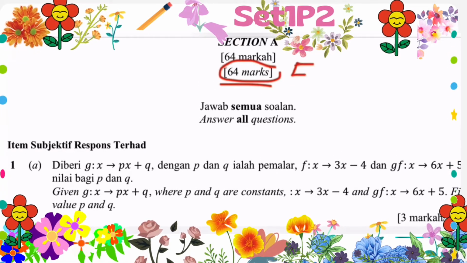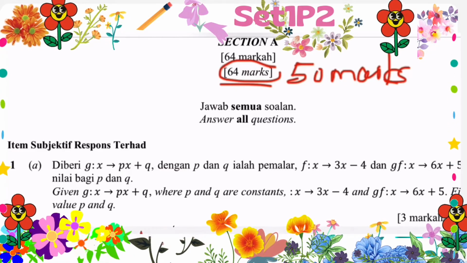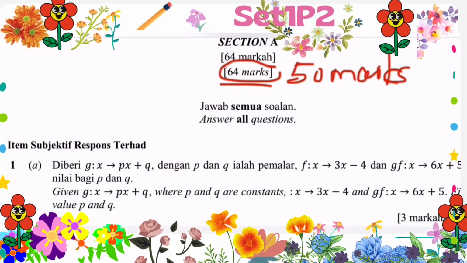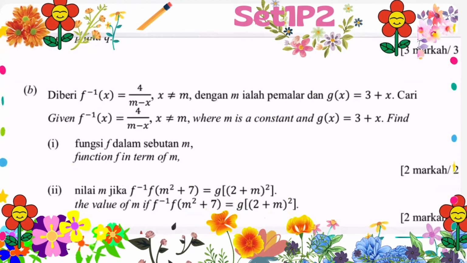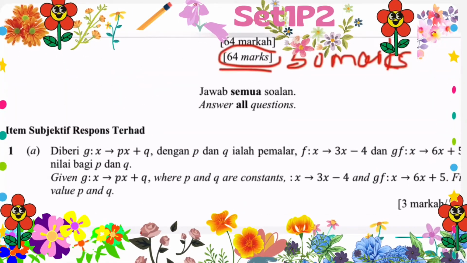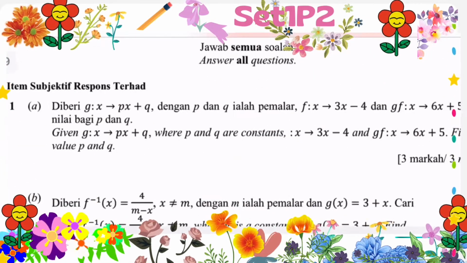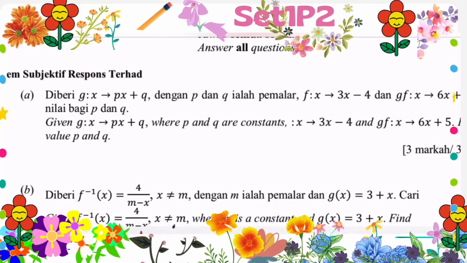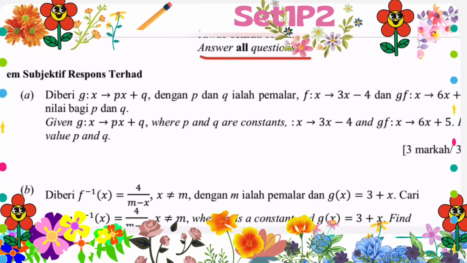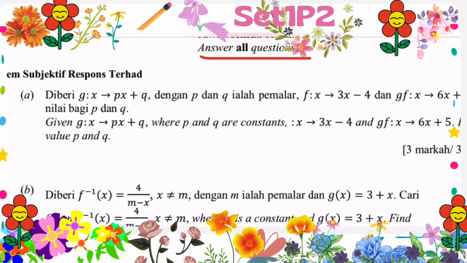Section A for paper 1 is 64 marks, but for paper 2 it is 50 marks. Now this is paper 2, and we're going to discuss a few questions. Paper 2, section A, answer all questions, compulsory. Now let's see the first question.